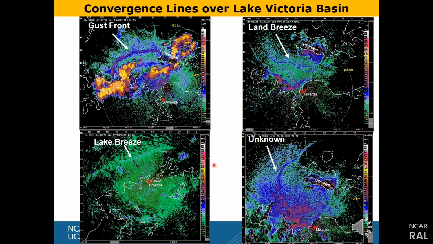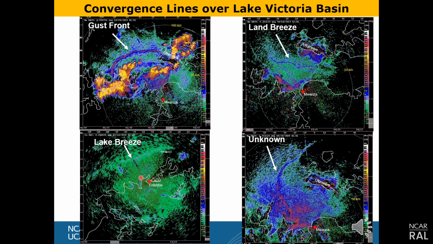Now, when we first started to look at data, we were very surprised that we could see convergence lines over the lake. This is a great surprise. Typically, we have not been able to see much in the way of clear air over water features.